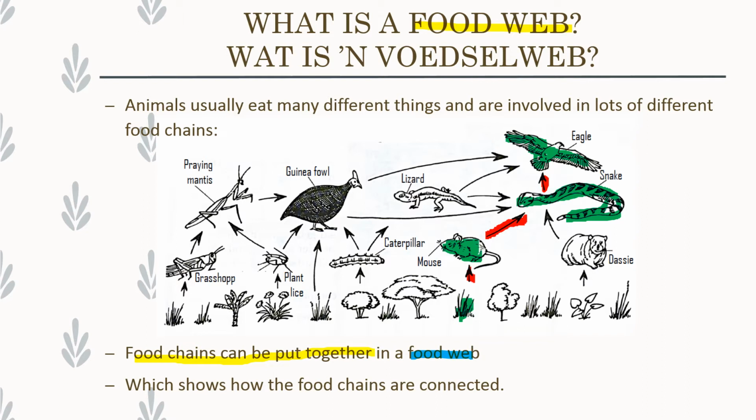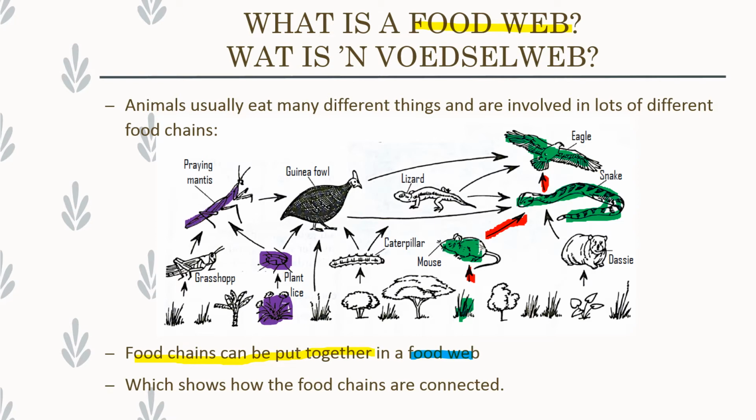If we follow another food chain, let's look at the plant lice. So here we have a producer. The plant lice is going to eat from that piece of plant. Then there are two organisms that will eat the plant lice.